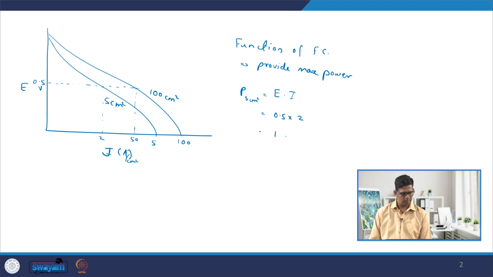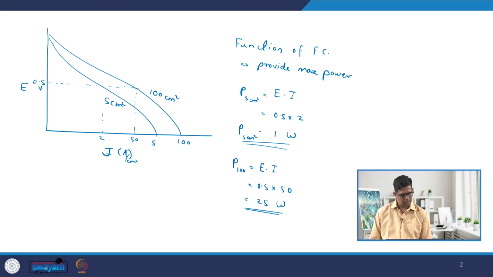So this gives roughly 1 watt of power. This is P for 5 centimeter square. What is the case with the 100 centimeter square cell? So P100 is again E times I, which is 0.5 times 50, which is 25 watt.